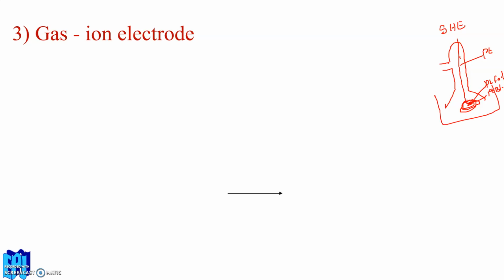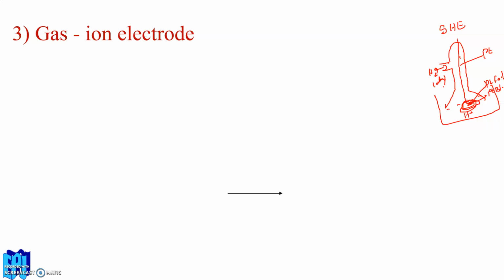It is dipped in a solution containing H plus ions, and hydrogen gas at 1 atm is passed through it. This is the pictorial representation of the standard hydrogen electrode.